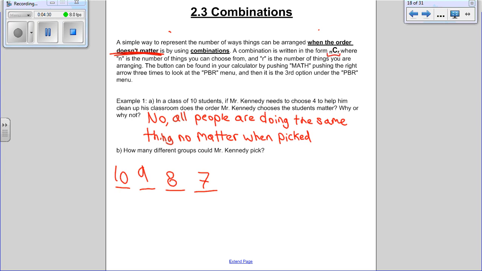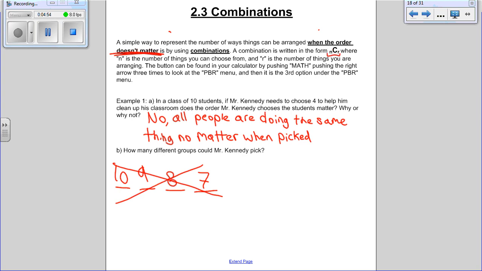The reason this does not work is because when you place them like that, you're saying it matters if you were the first person chosen. You're giving responsibility to that first spot. You're saying 10 people could go here, and it matters. So this method will no longer work.